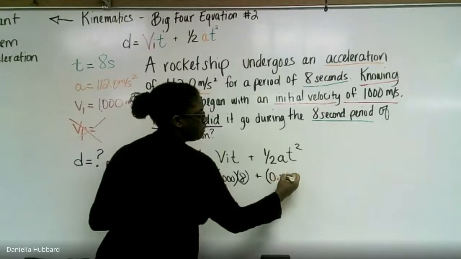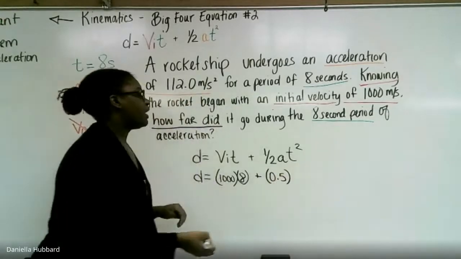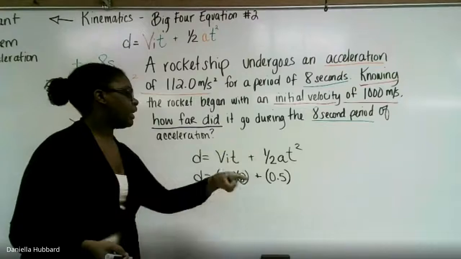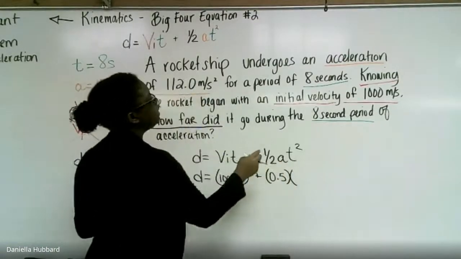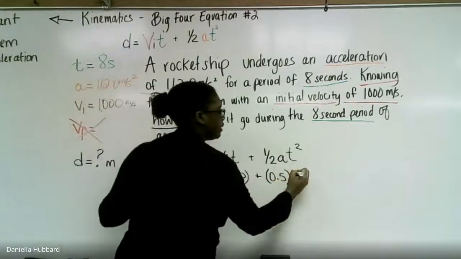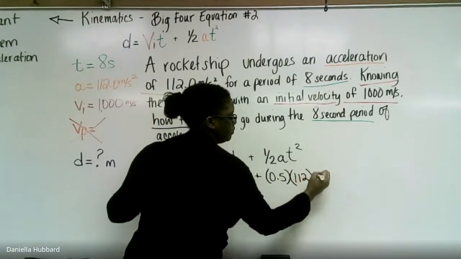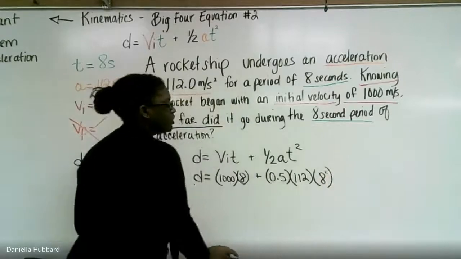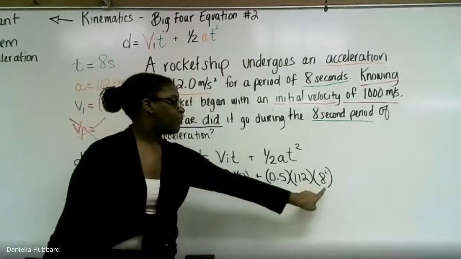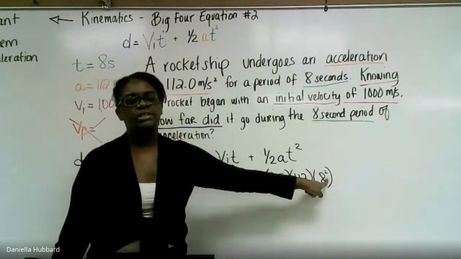For the sake of putting my numbers in the calculator, I changed the 1/2 to 0.5. My acceleration is 112. And I'm making sure to put this square for our time inside the parentheses.